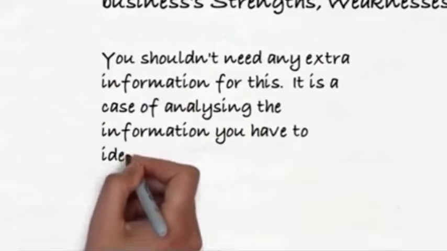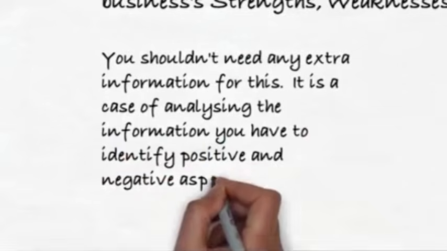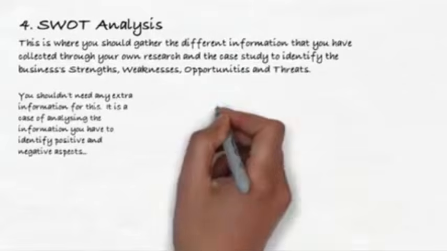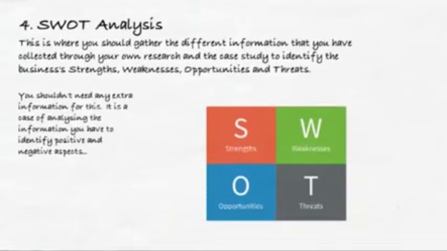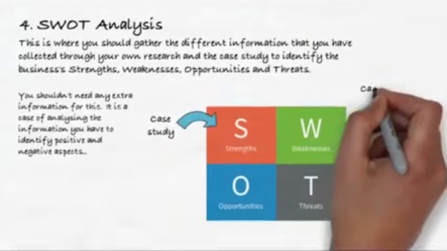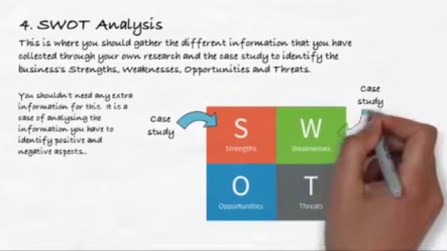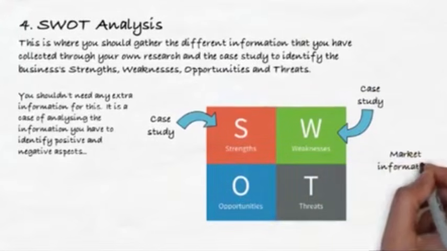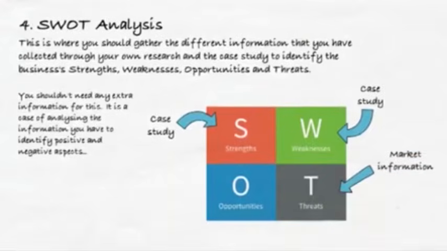It is a case of analysing the information you already have and arranging it into a SWOT analysis table. Strengths and weaknesses are internal to the business, so you will find this information by interpreting the case study. Opportunities and threats are external, so you can gather this information from your research and pest analysis.